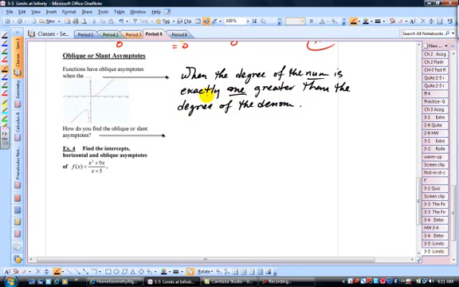Exactly 1 greater than the degree of the denominator.